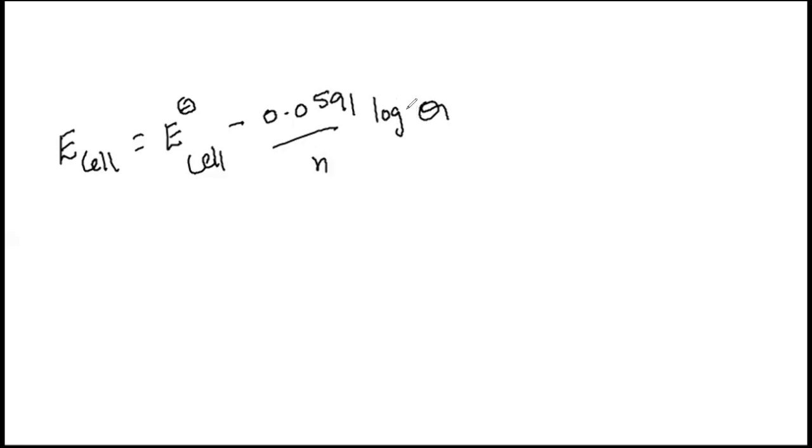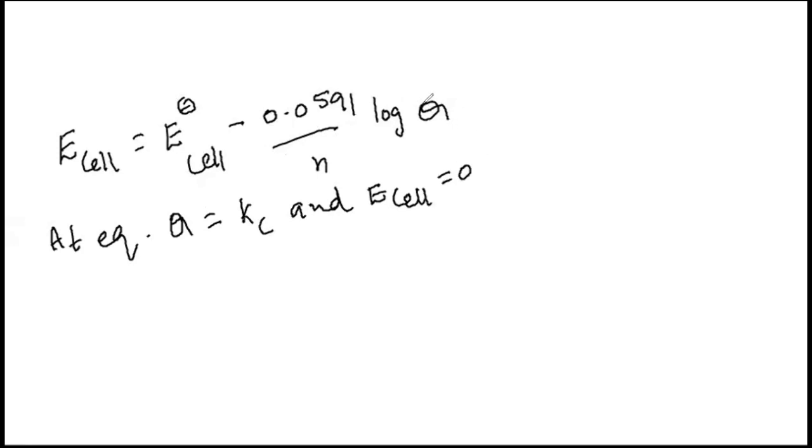Q is nothing but reaction quotient. Very good. At equilibrium, we can call Q is equal to Kc, correct? Yes. At equilibrium, the E cell will become zero only, no?